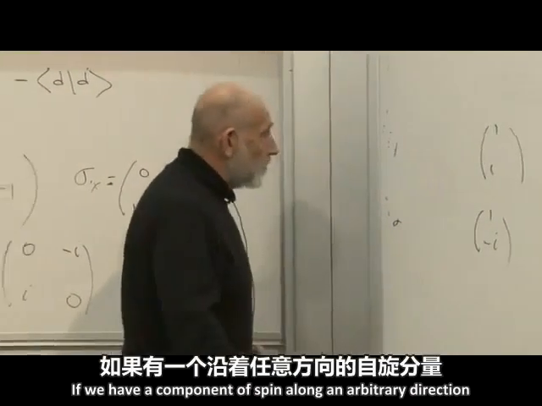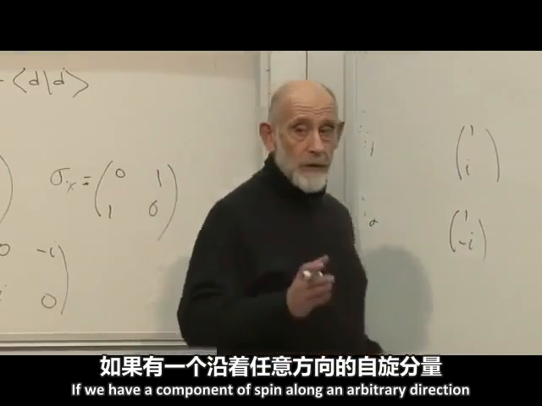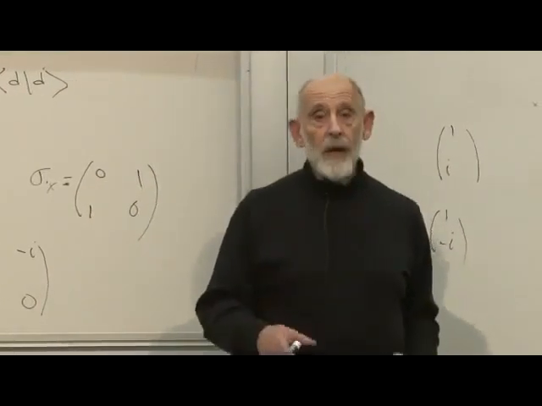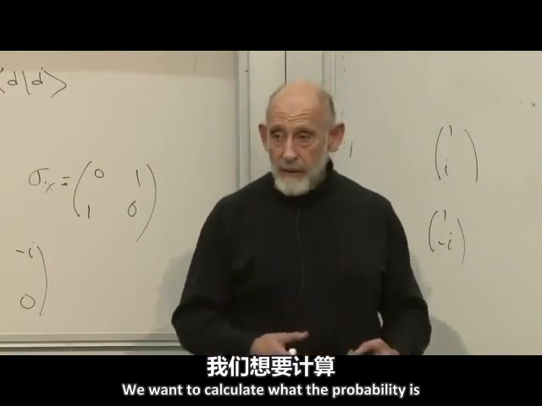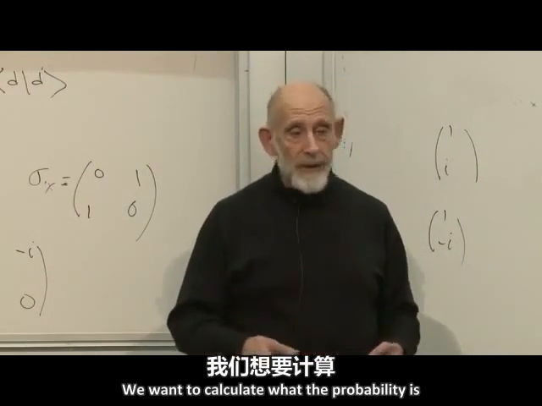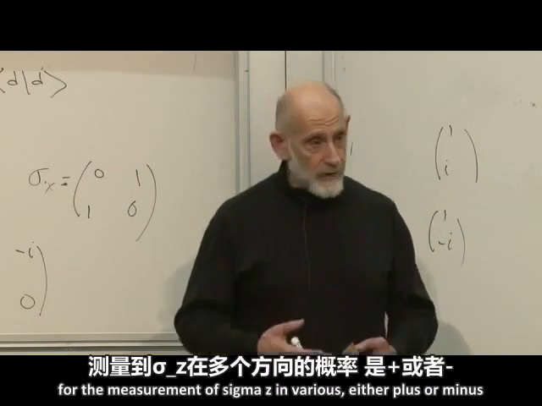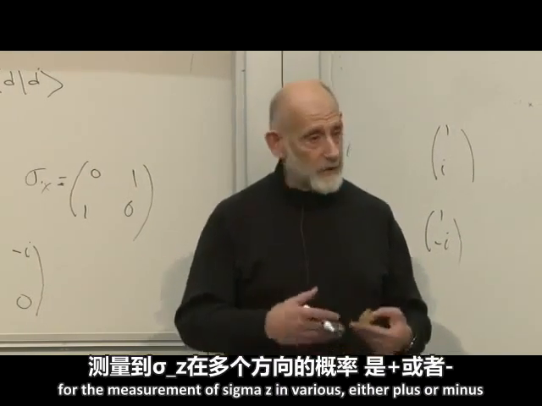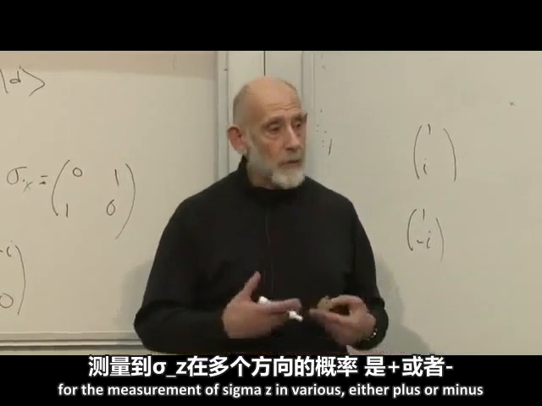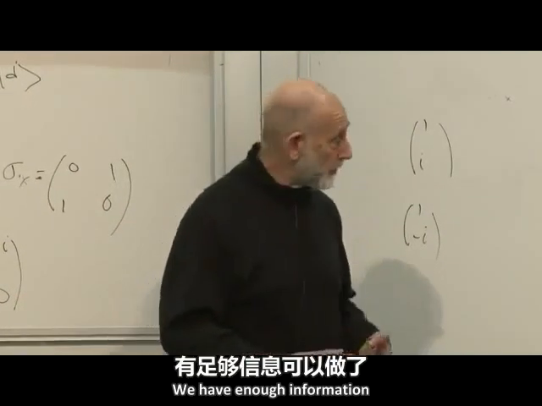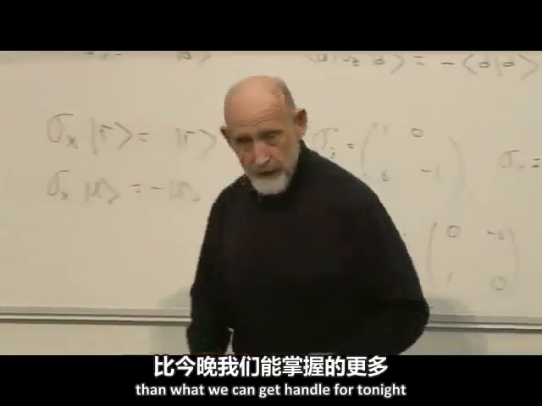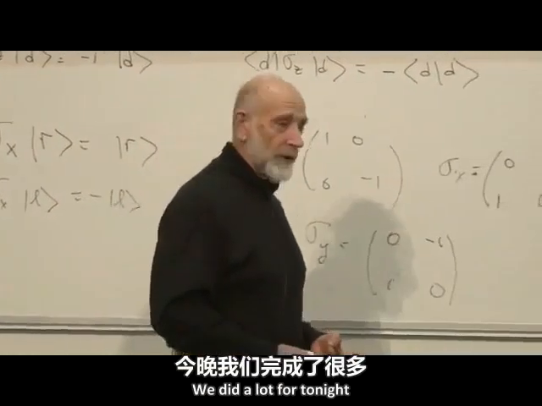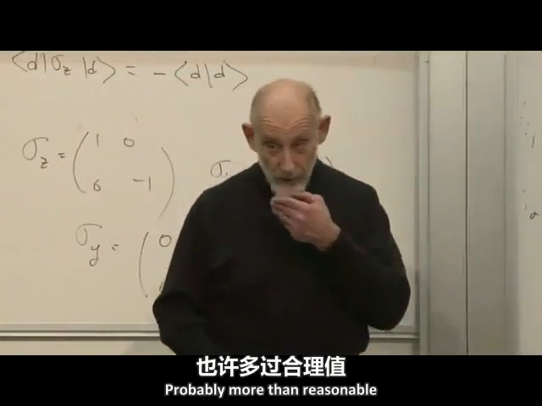If we have a component of spin along an arbitrary direction, and we want to calculate, using the principles, the probability for the measurement of sigma z, either plus or minus, we should be able to do it. We have enough information. I think it's probably more than we can yet handle for tonight. I think we did a lot for tonight.